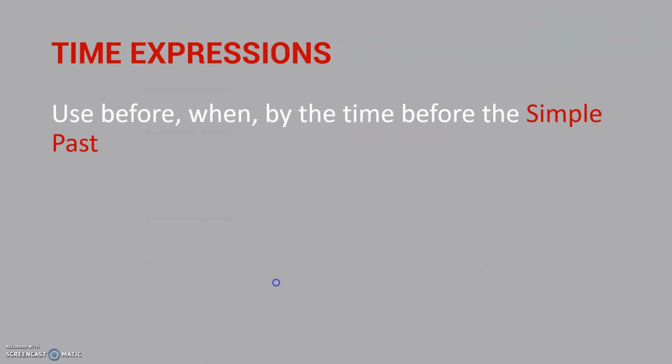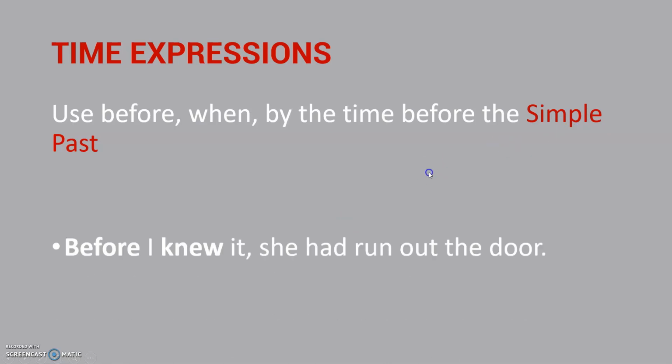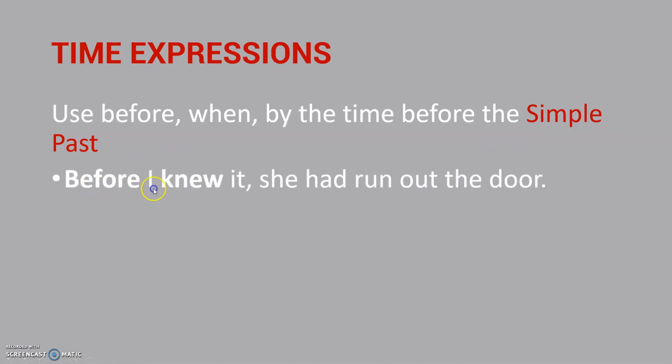Now, if we have the time expressions before, when, or by the time, we're going to use the simple past tense. For example, before I knew it, here we have our simple past, she ran out the door, here we have our past perfect.